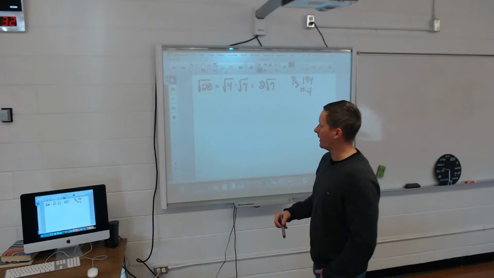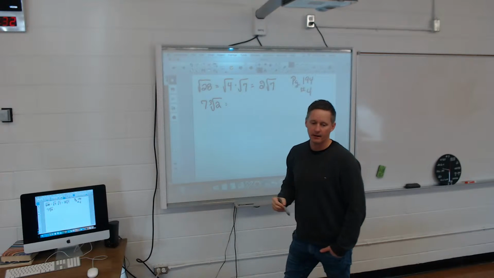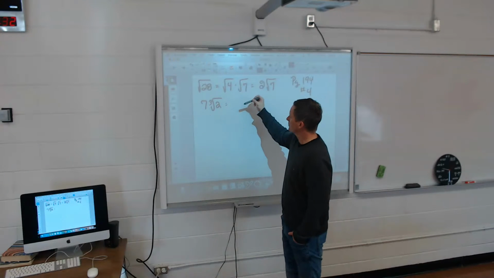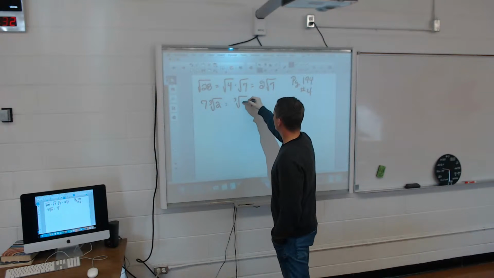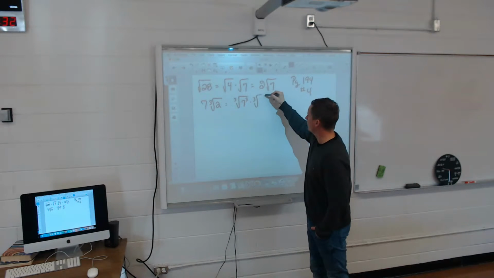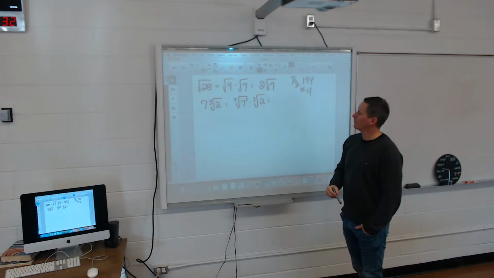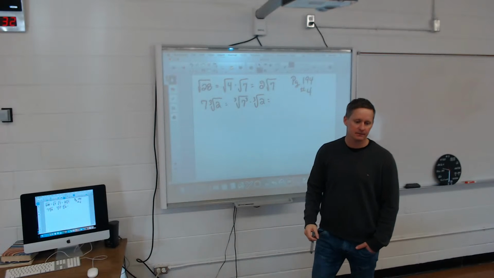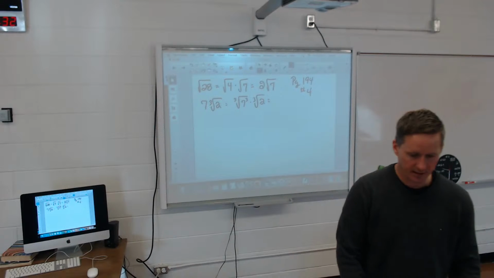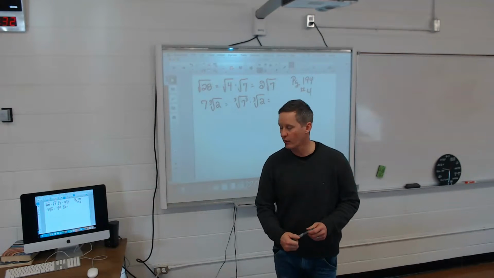So now I can work the other way with the second one, 7 cube root 2. Okay, so I can't multiply a coefficient times a rooted value. So I need to go cube root of 7 cubed, like that, times the cube root of 2 equals, all right, so whatever 7 cubed is, math isn't good this morning, so what is that, 49 times 7, that's 343, I think.